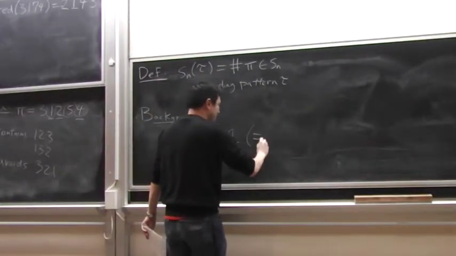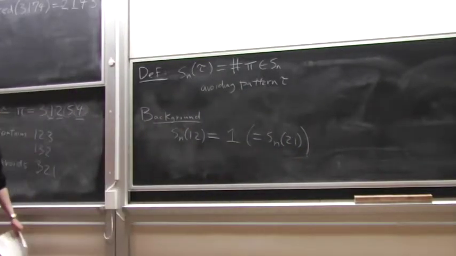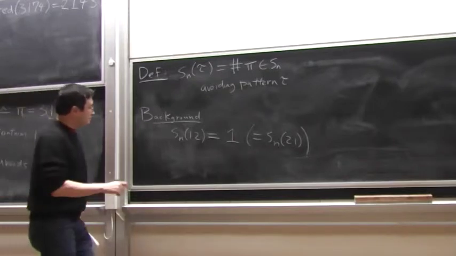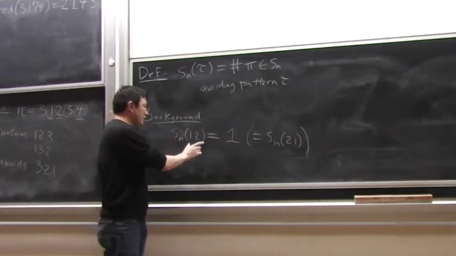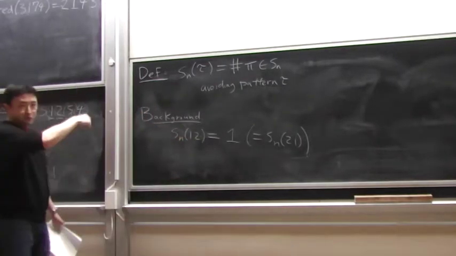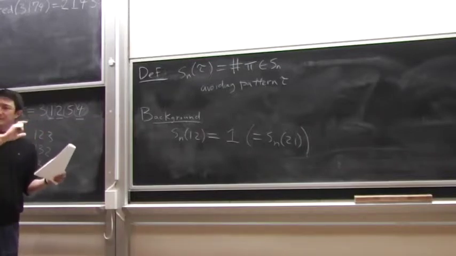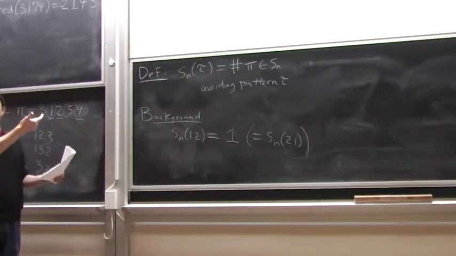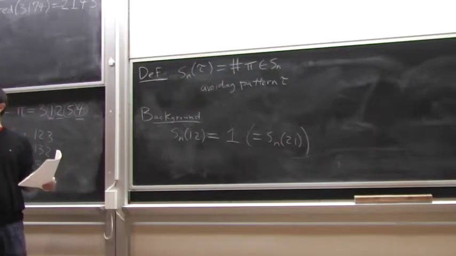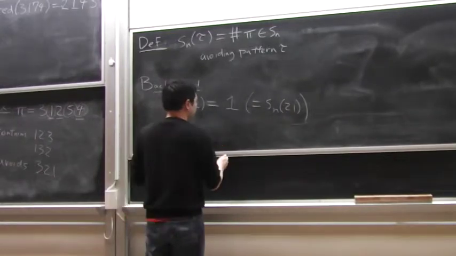And likewise, if you're looking at the pattern 2, 1, same thing, there has to be an increasing one. And I won't discuss it too much, but here, for every n, the sequences enumerating the pattern avoiding permutations are the same, so these are called Wilf equivalent. And there are some basic equivalences, such as for certain patterns, if you reverse everything, that's an equivalent pattern, and things of that nature. So these are, in a sense, trivially equivalent.